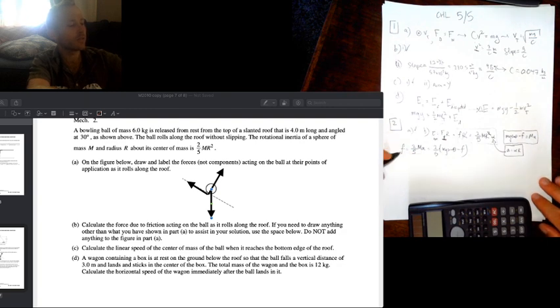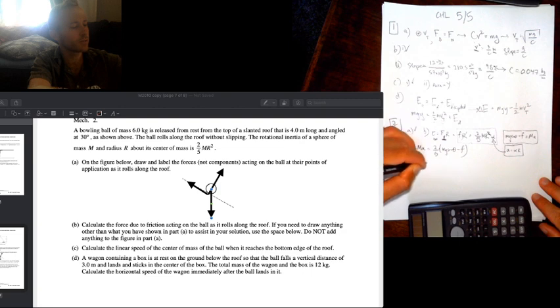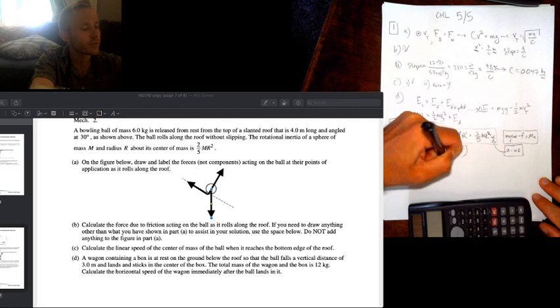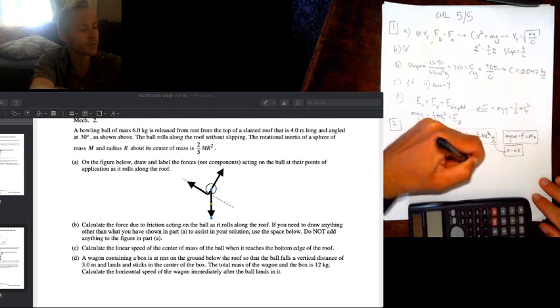So adding the friction term over to the other side, that says that 7/5 friction equals mg sine theta, or equals 2/5 mg sine theta. Okay, the 5's cancel out, and I get that friction equals 2/7 mg sine theta.